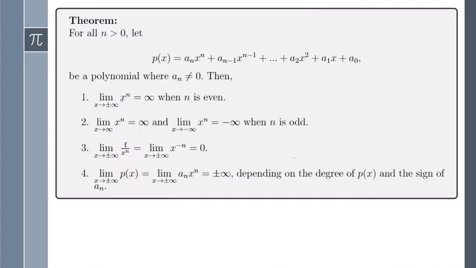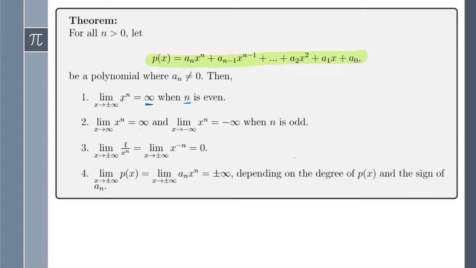Now we have a theorem here which says, if this is a polynomial function, then we have a couple of things. The limit as x approaches positive or negative infinity of x to the n is infinity if n is even. It doesn't matter whether it's approaching negative or positive infinity. If n is even, we still get positive infinity as our limit.